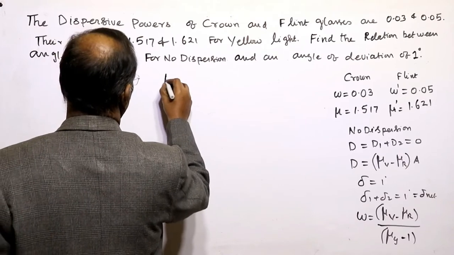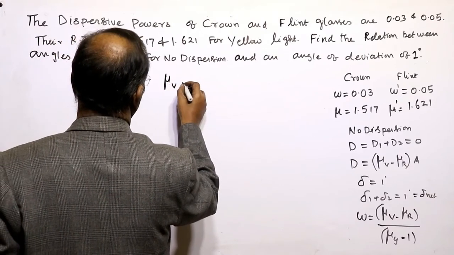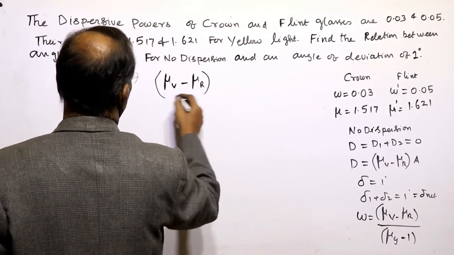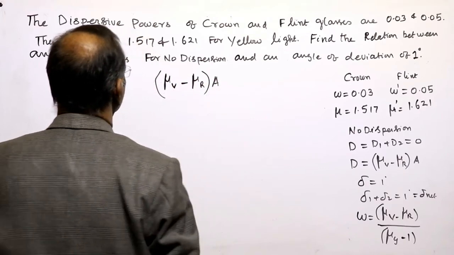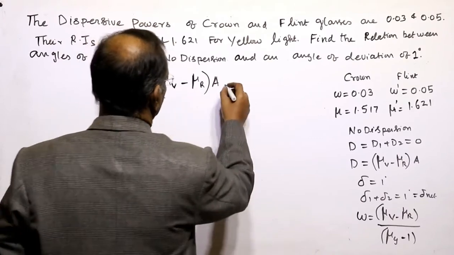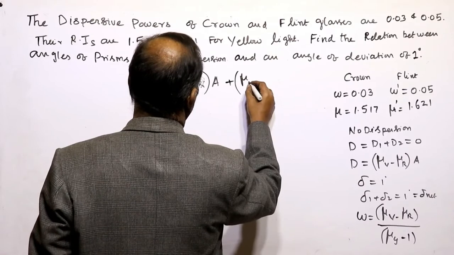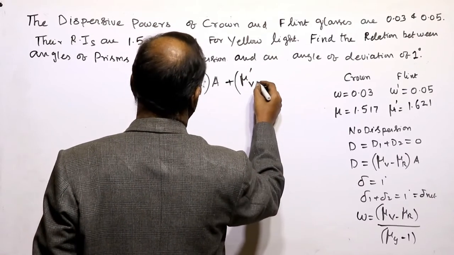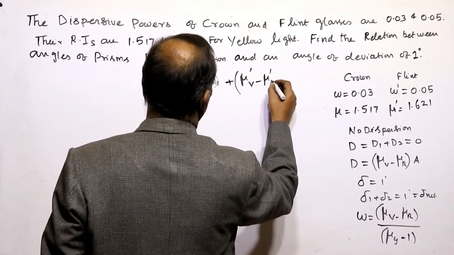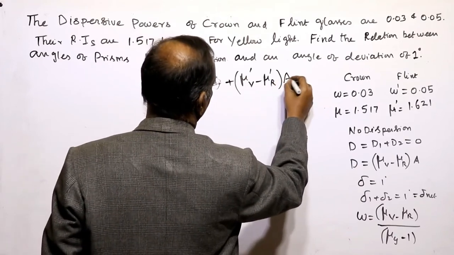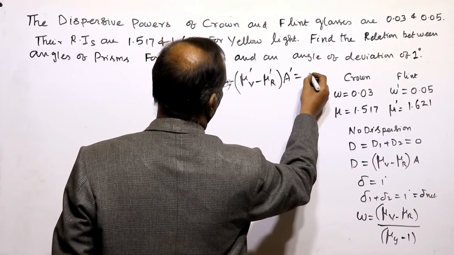So mu V minus mu R into angle of prism for the crown glass, plus refractive index for violet minus refractive index of red for flint glass into A dash is equal to 0.